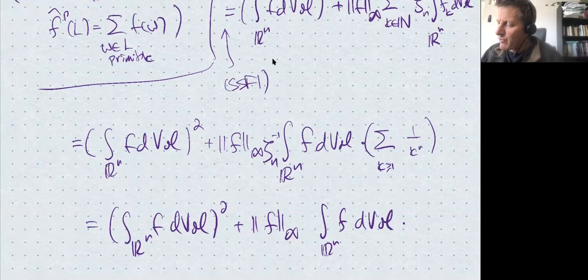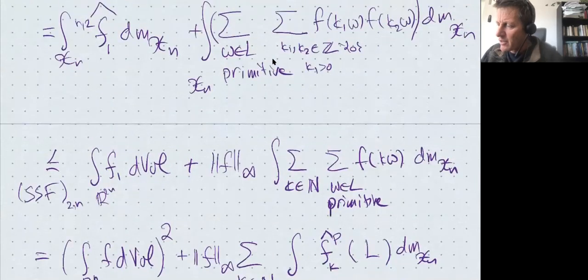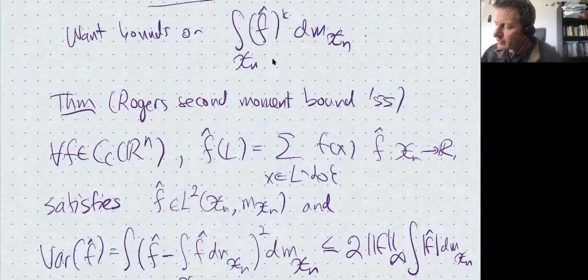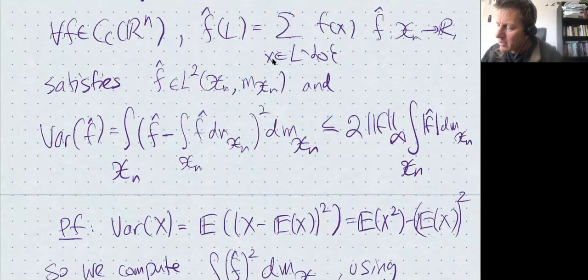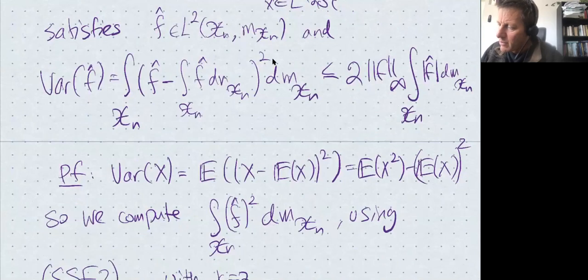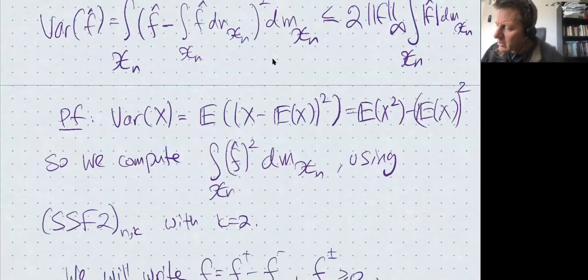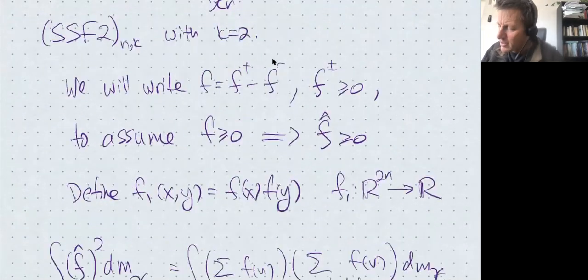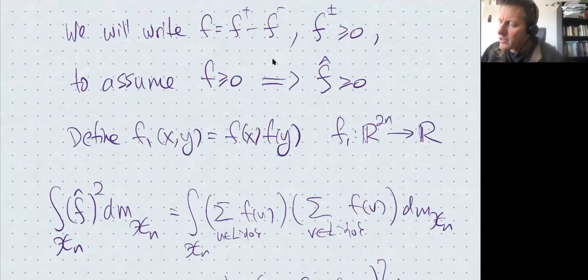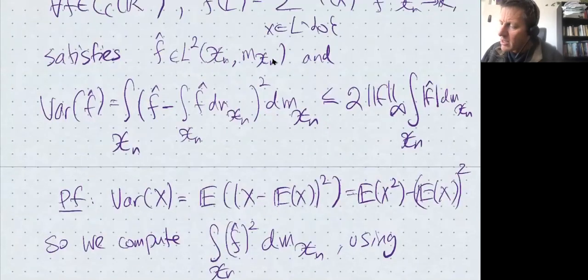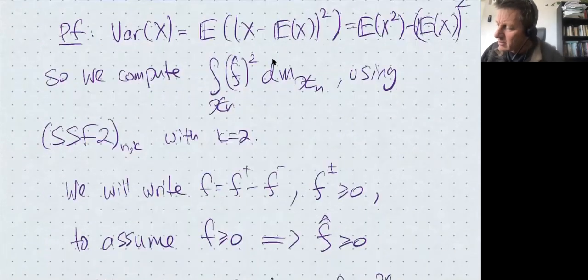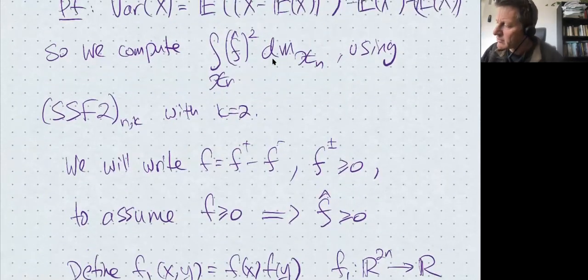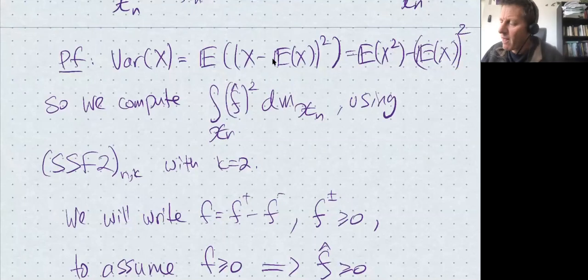But what have we gotten? We've gotten the statement under the assumption that f was non-negative, because we're integrating this thing in order to get the variance. We need to subtract this thing, which is the integral of f squared.